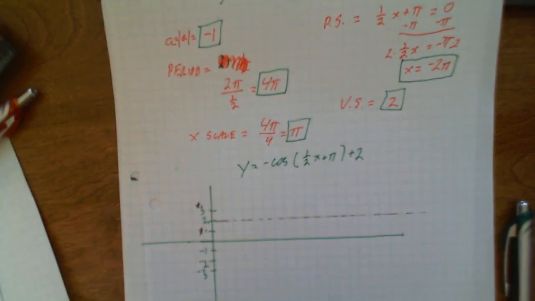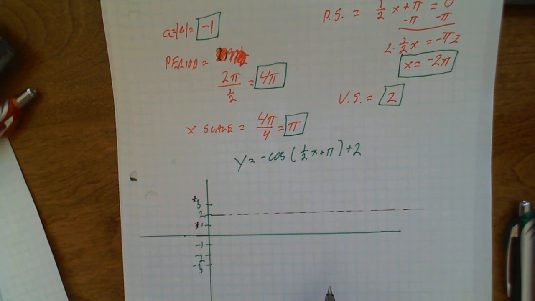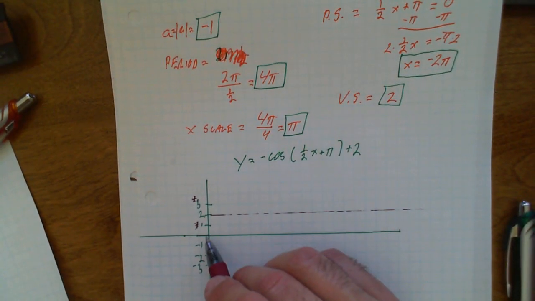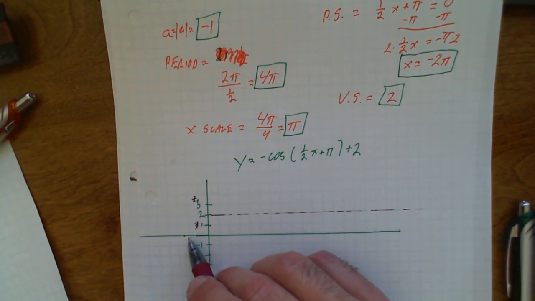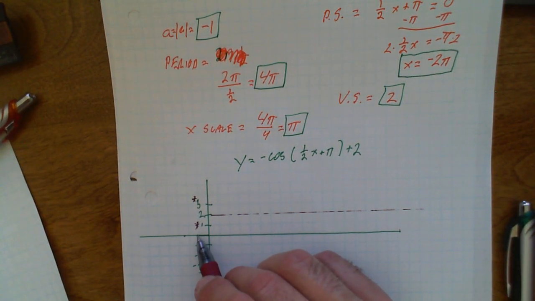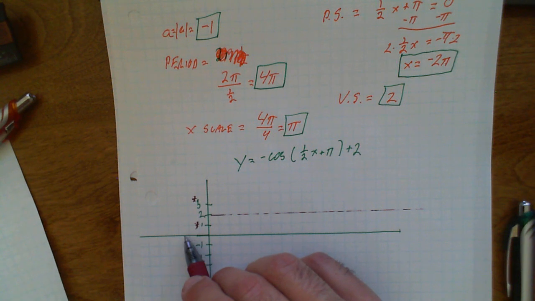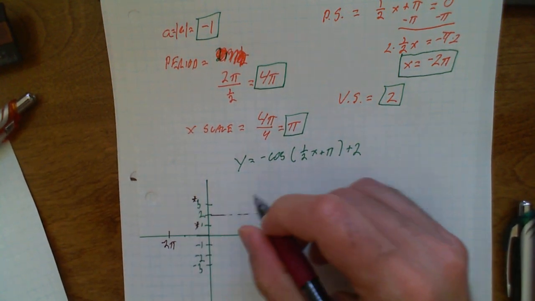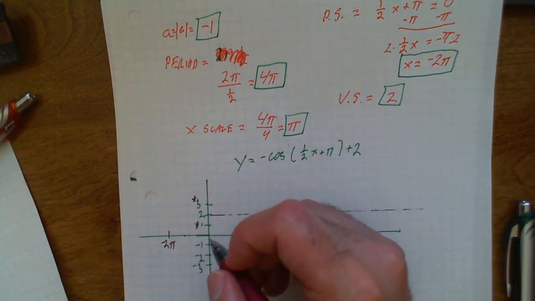Okay. So now, we're going to start at -2 pi, but our scale is pi. So let's go every other. -2 pi, -1 pi, and my scale is pi, so I just add pi. That makes it real easy.